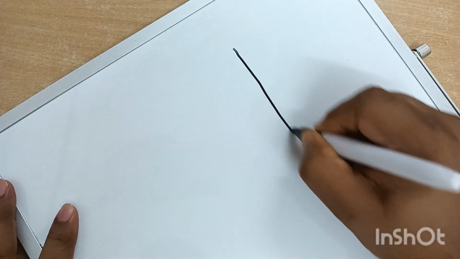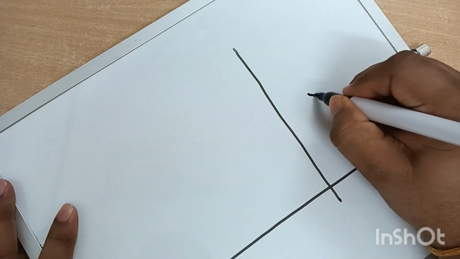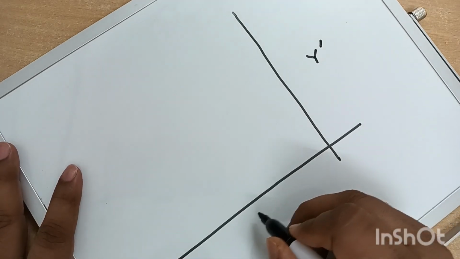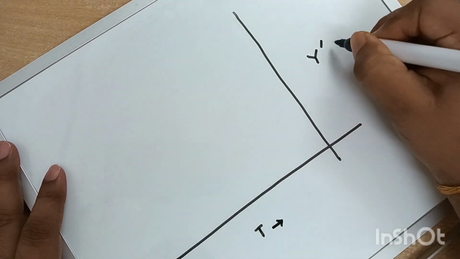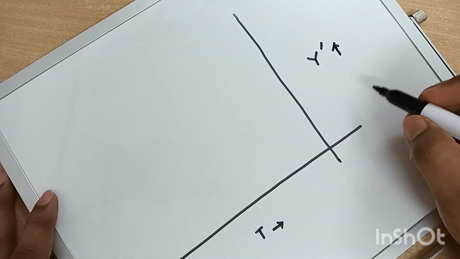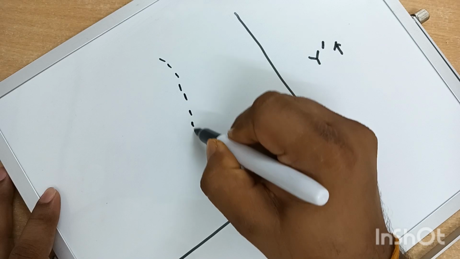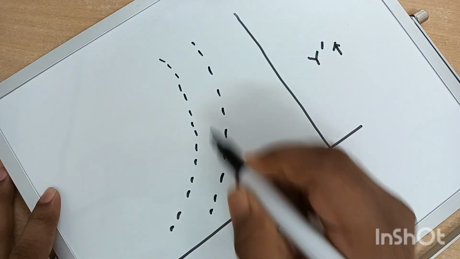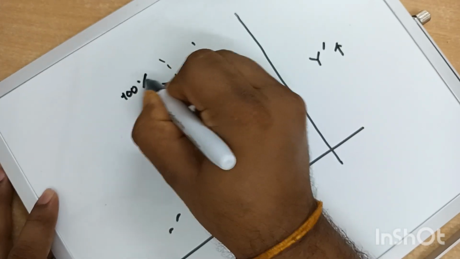Okay, so we have the y-axis, this is the x-axis, this is absolute humidity, this is the temperature line. Now within this you have percentage saturation lines. Let us suppose this is the 100% saturation line.